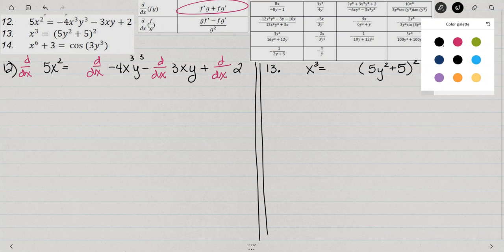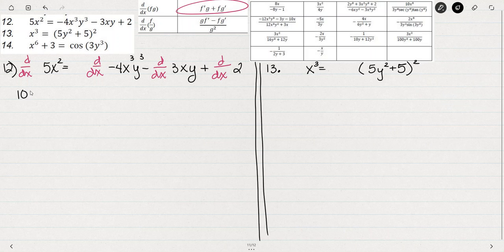The derivative of 5x squared with respect to x is just 10x. And here's where I'm going to use the product rule. I like to pull that negative 4 out, but you could also think of the negative 4 and the x cubed as one of the terms. So let f be the negative 4x cubed and g be the y cubed.